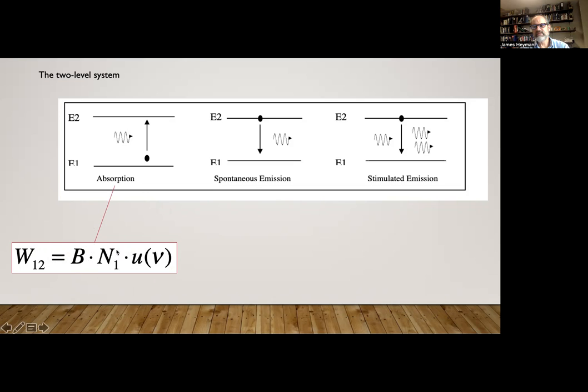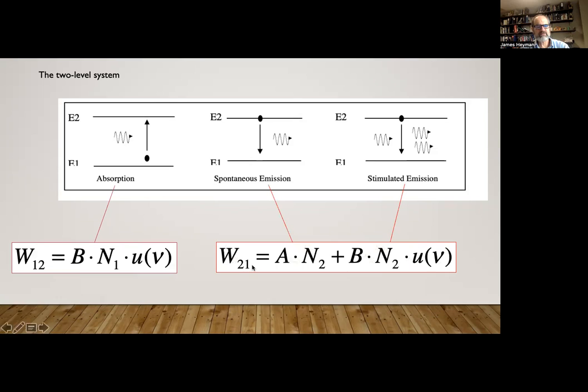It must depend on the number of atoms in the lower state. If there aren't any atoms in the lower state, then there's no way we can have a transition out of that state. So W12 is proportional to N1. It's also proportional to the intensity of the light, or the energy density at the required frequency, U sub nu. And finally, the rate is proportional to some constant that contains all the rest of the physics that we're not interested in right now.